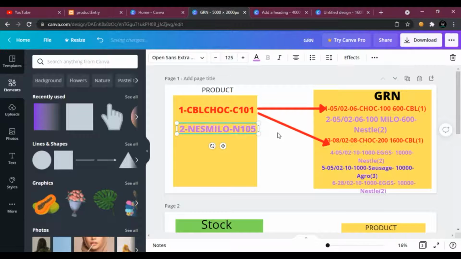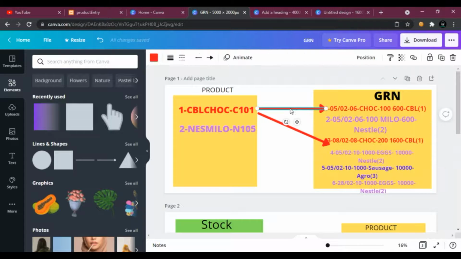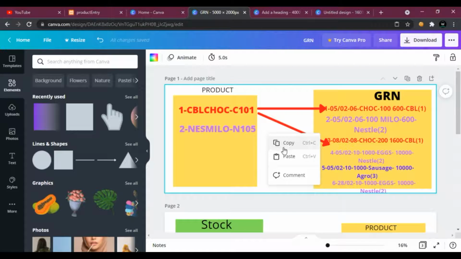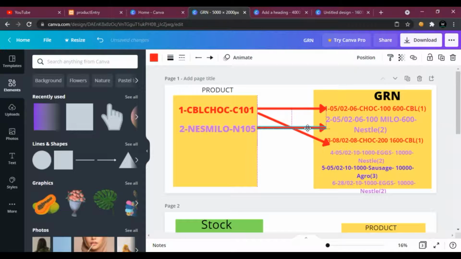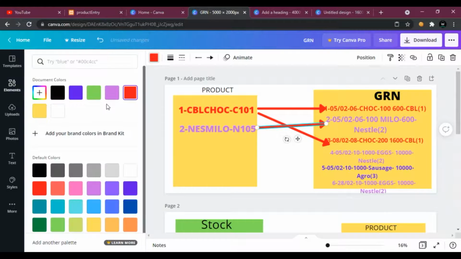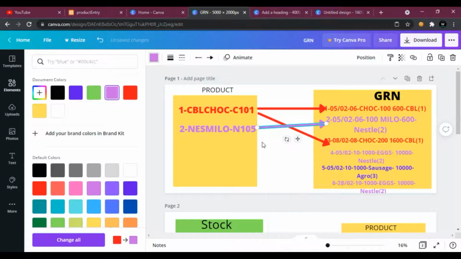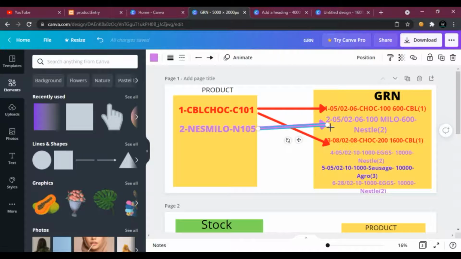The product Nestle Milo is in the GRN table twice. So I'm gonna copy the arrow here, and here, sorry, here and here.